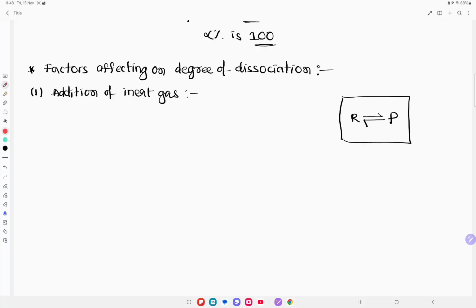Now it has reactant molecules and also product molecules. Now what happened? Inert gas is added to the equilibrium reaction. Then what will happen to degree of dissociation when inert gas is added at constant volume and temperature?